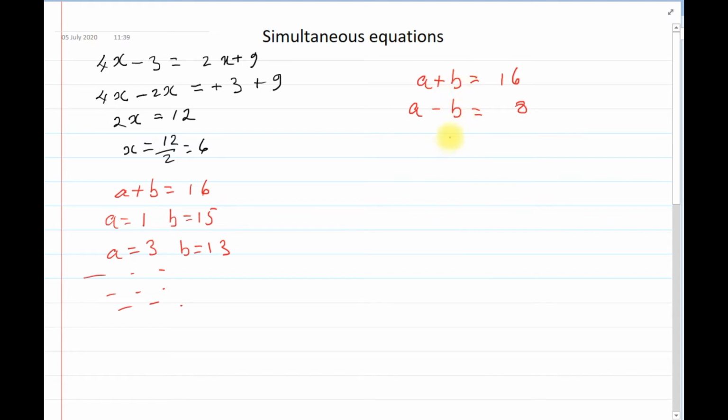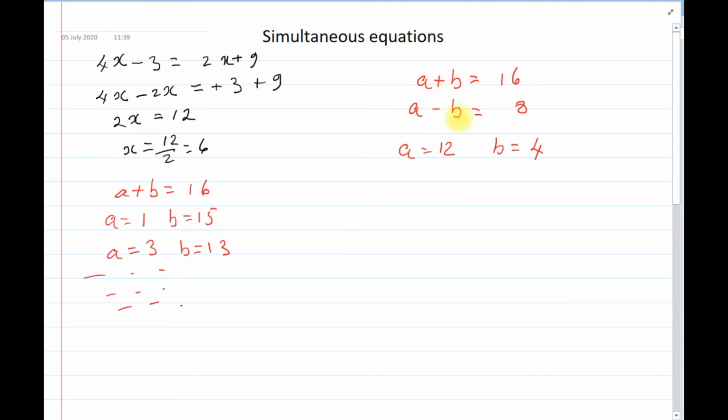So I know, because I set this question, that a equals 12 and b equals 4 will satisfy both equations simultaneously. So a plus b becomes 12 plus 4, which is 16, and a minus b is 12 minus 4, which is 8.